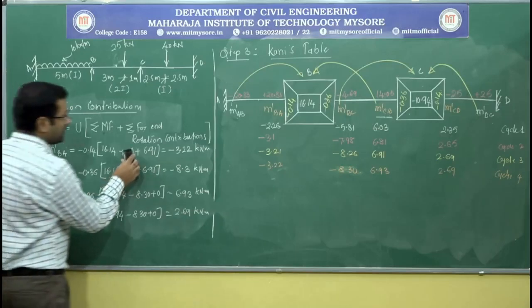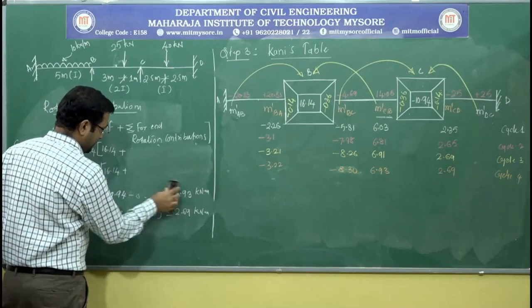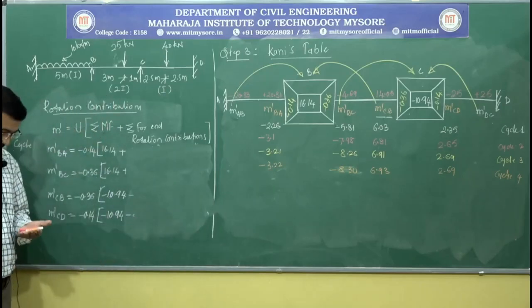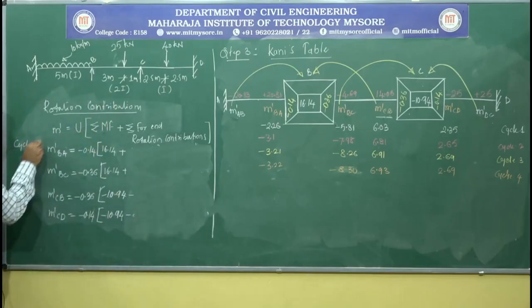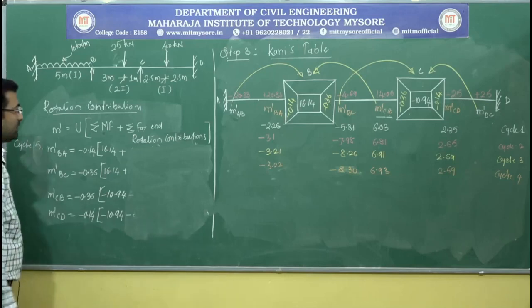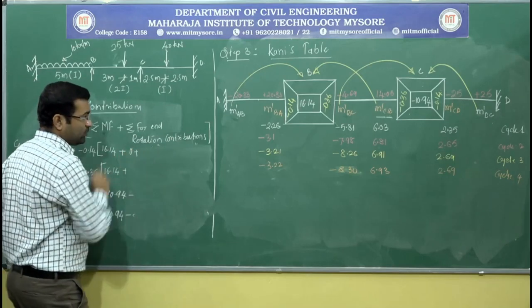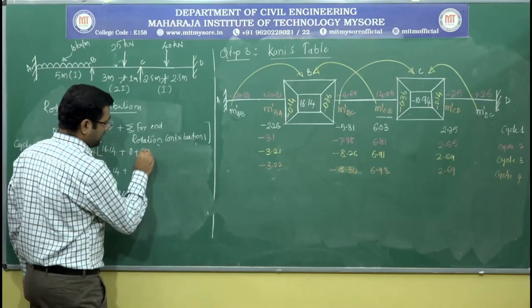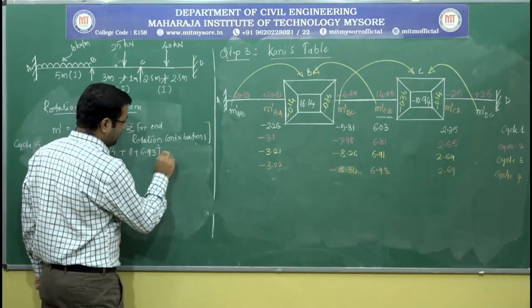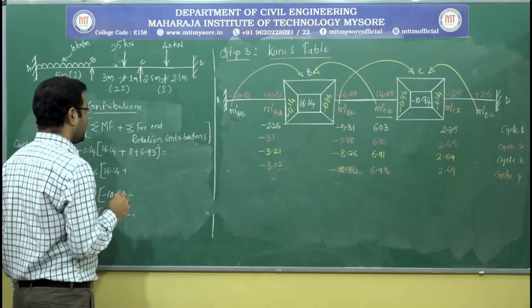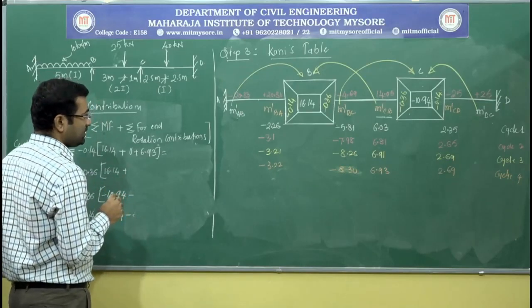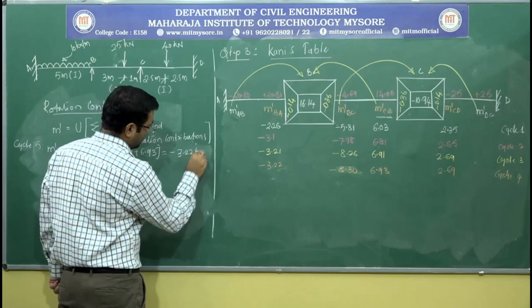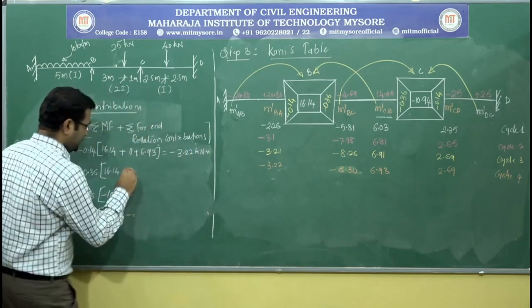Now if I go for cycle 5, then it is 0 plus 6.93, which gives you exactly minus 3.22 kilonewton meter.